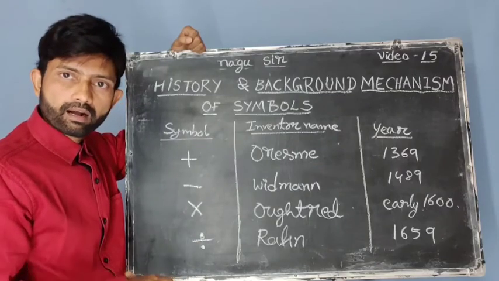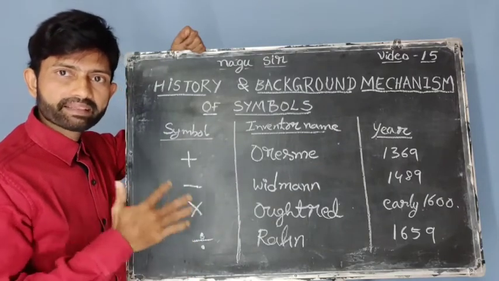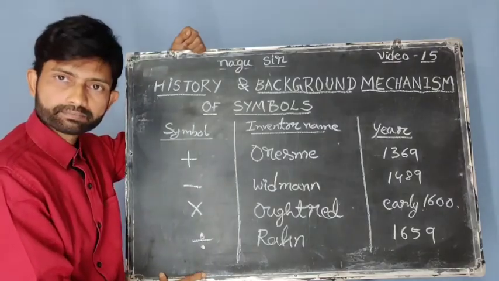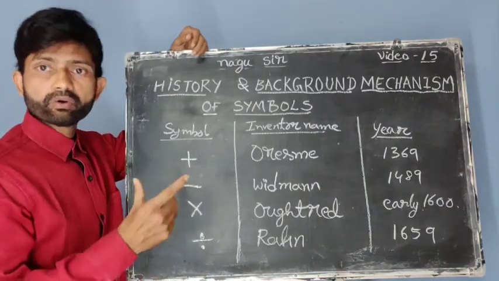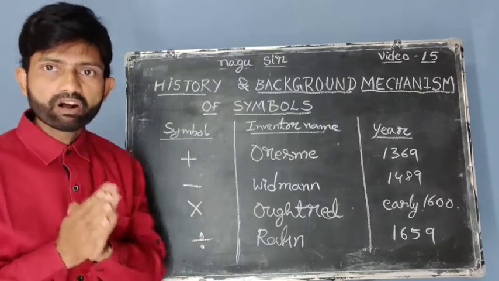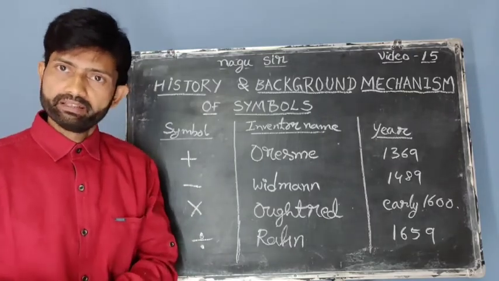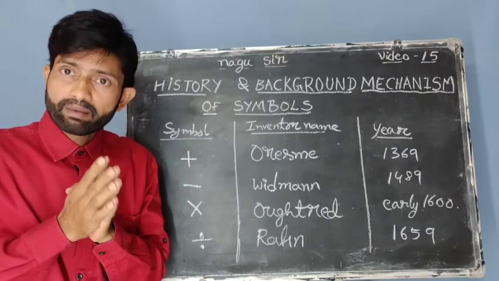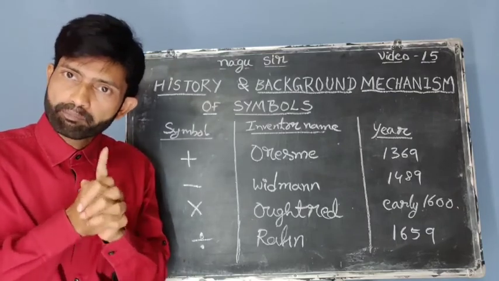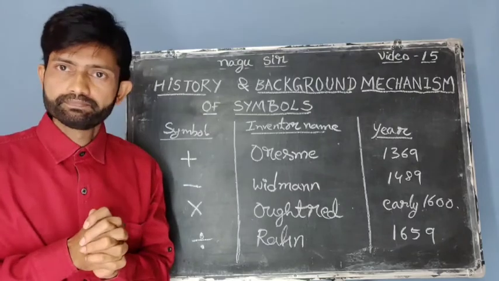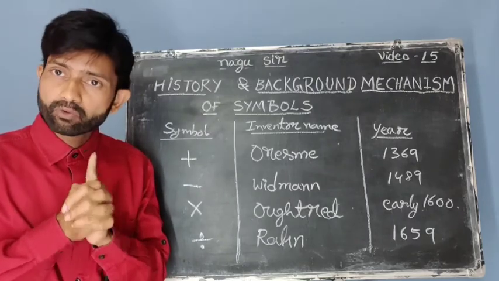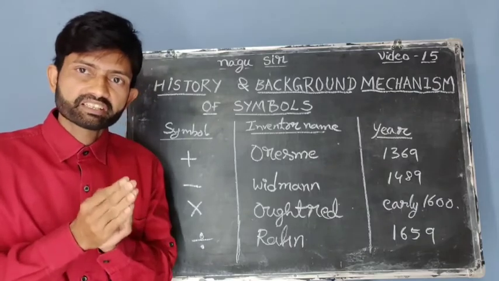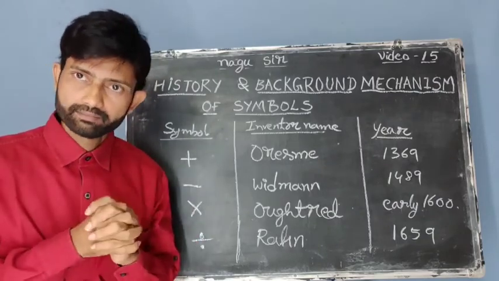Now I am going to explain the background mechanism of these symbols. Before explaining that, I want to clarify that this background mechanism explanation is completely my own theory, constructed on my own logical thinking.